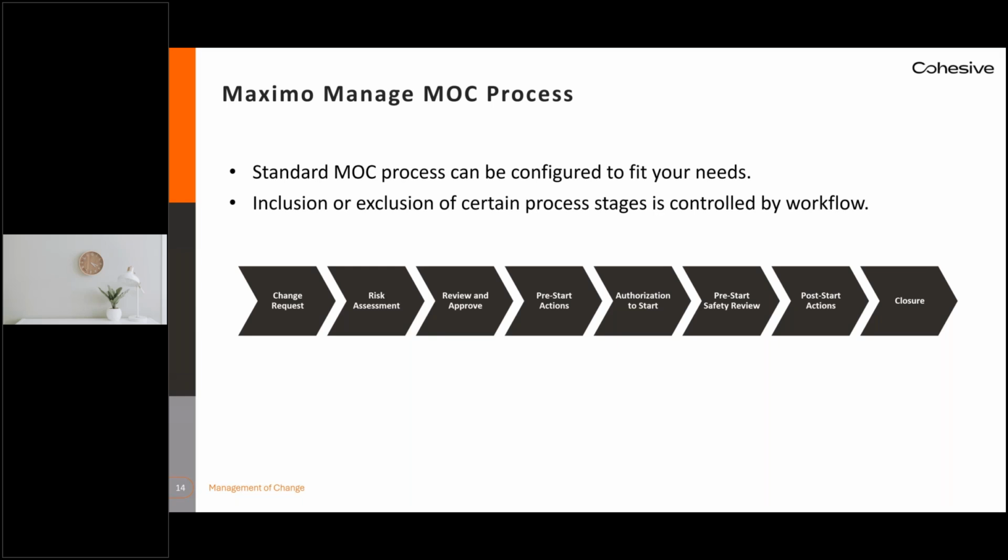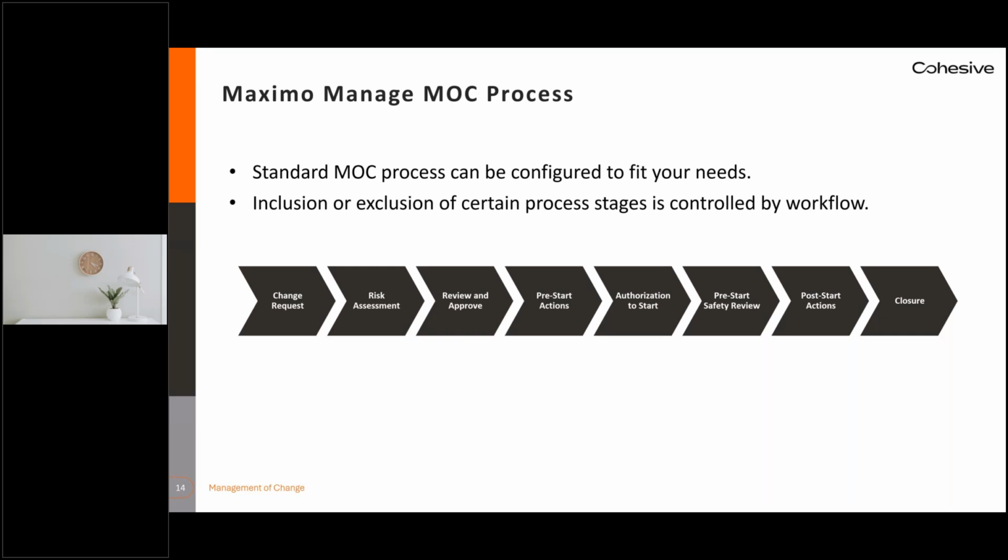Part of the process also involves pre-start actions, and these are actions that must be taken before the change can begin. Next, we have our authorization to start, which is required to verify that the pre-start actions have been completed and that any applicable documentation has been updated accordingly.